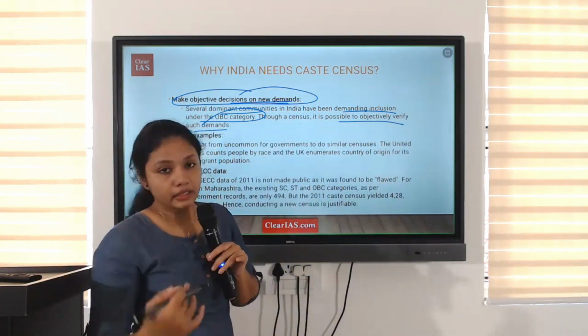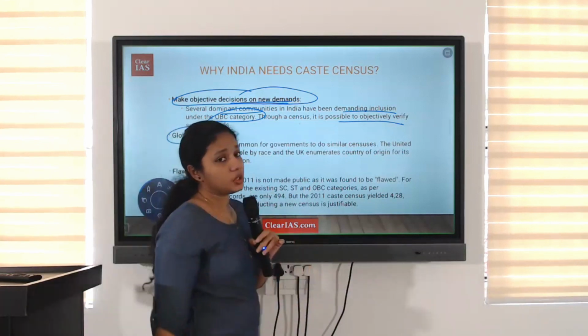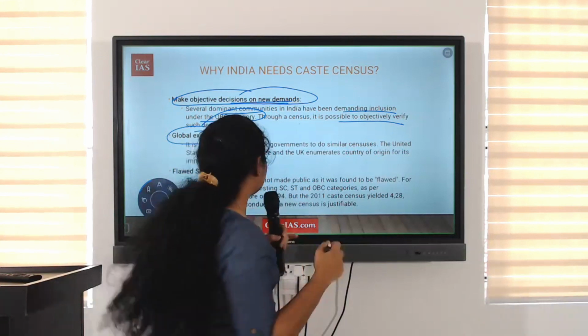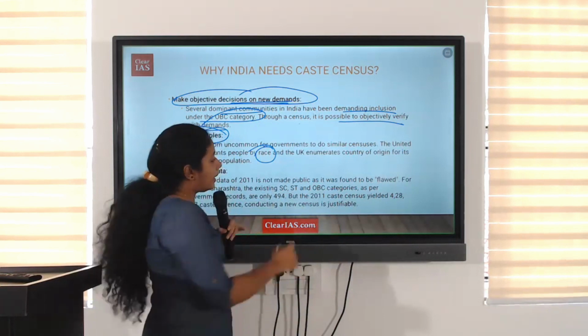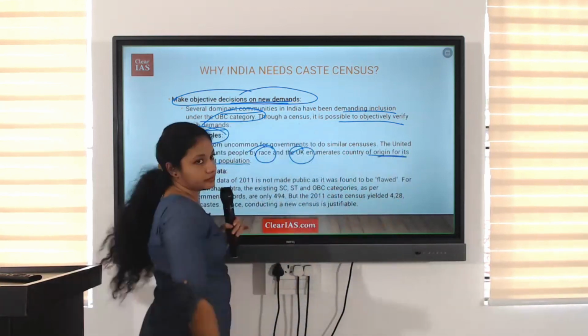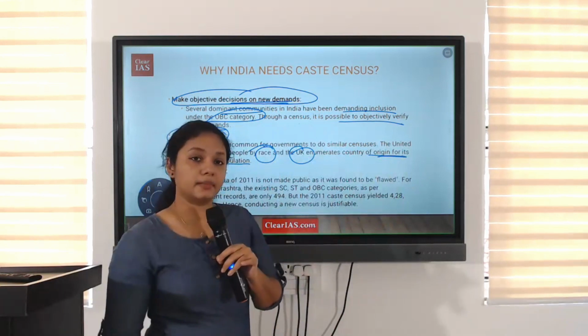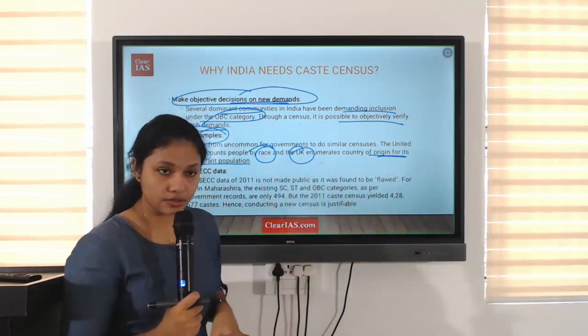Okay. Then we can talk about global examples. That is, the US mainly counts people by race, and the UK based on the origin of its immigrant population. We have global examples where a census or caste-based analysis is also occurring.